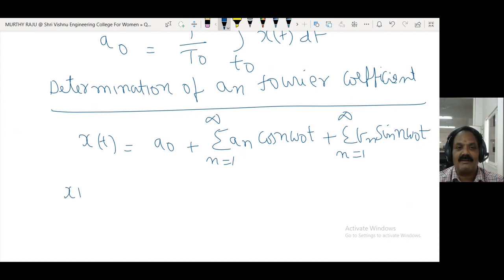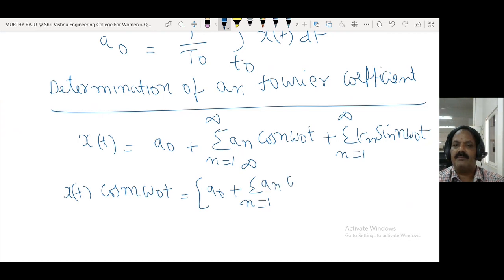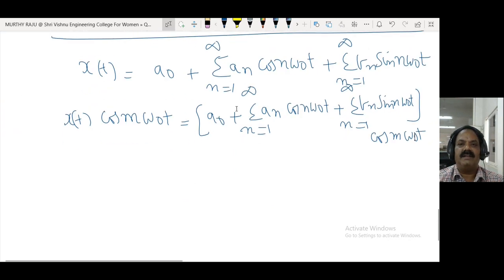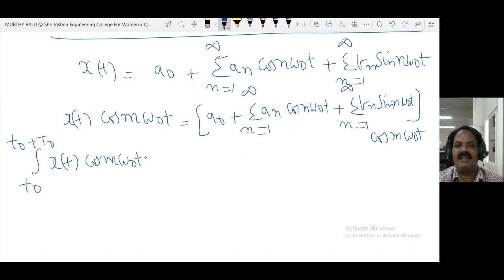Initially, x of t is multiplied with cos m omega naught t, and we integrate x of t cos m omega naught t dt.